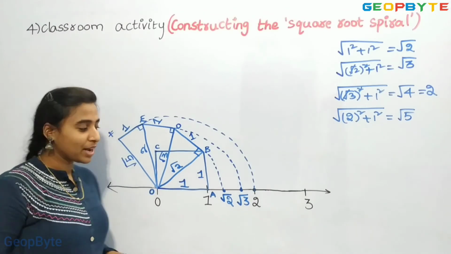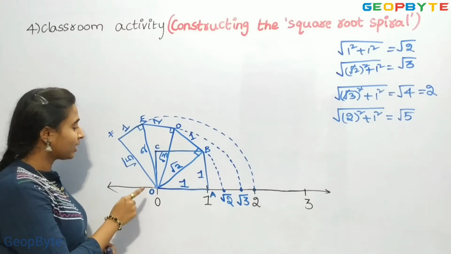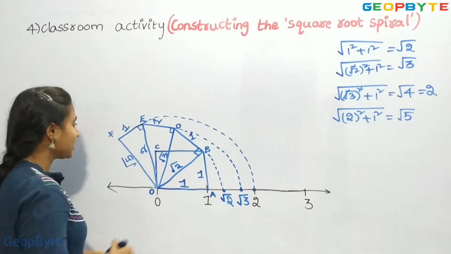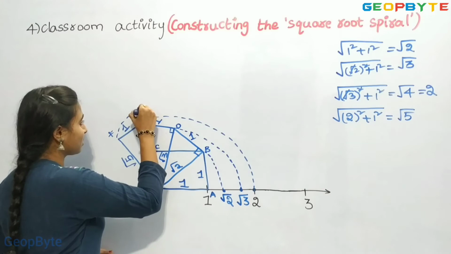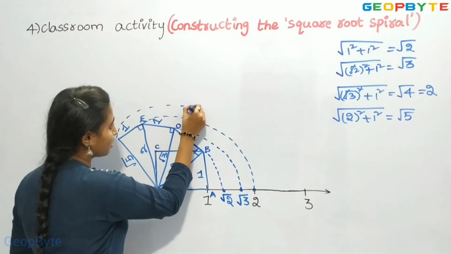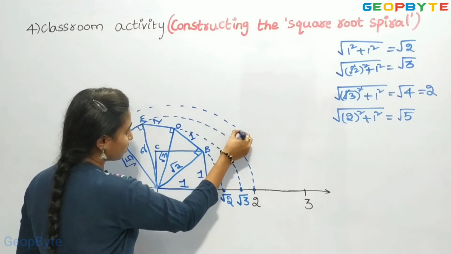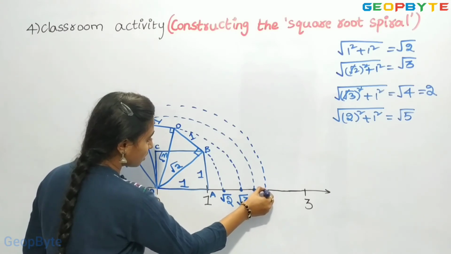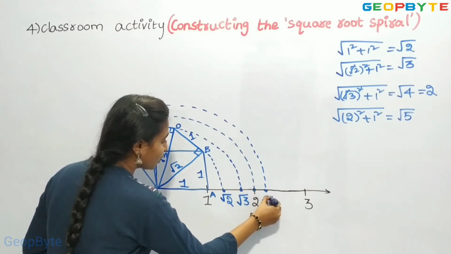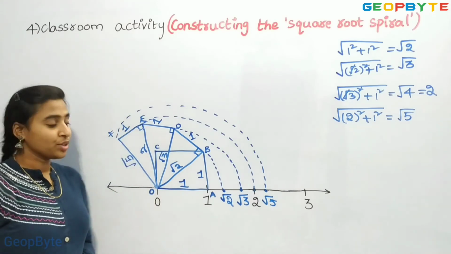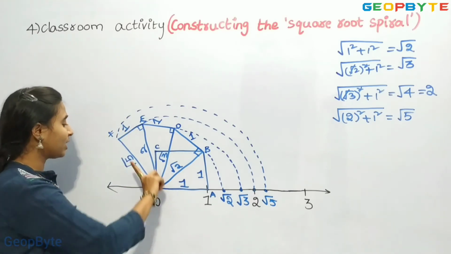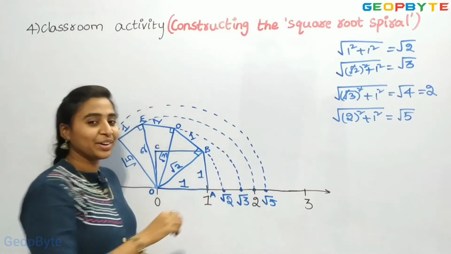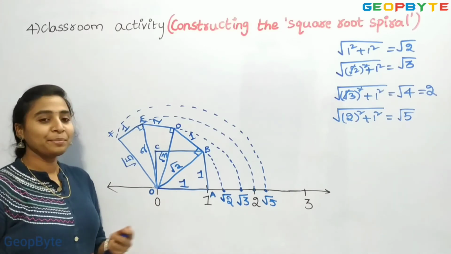Now take a compass, keep O as the center and OF as the radius, and draw an arc. This is our point, which is root 5. So, taking O as the center and OF as the radius, I have drawn an arc, and root 5 I have located on the number line.